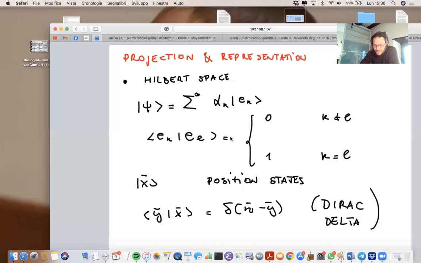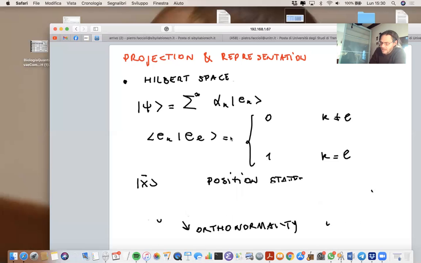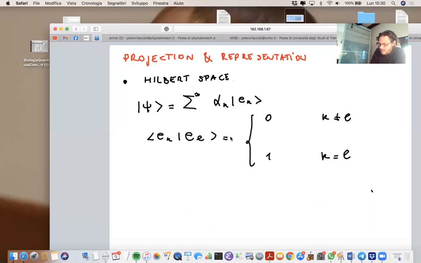But this is the concept of orthonormality for continuous functions. Now, if you want to represent a state on a continuum basis, of course, you need a continuous sum, which is called an integral.